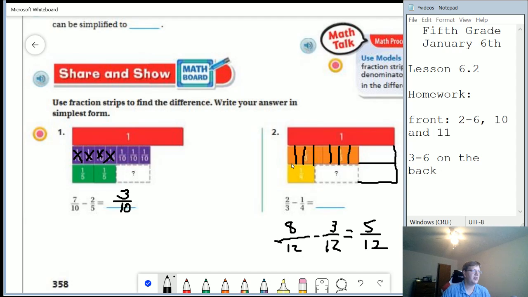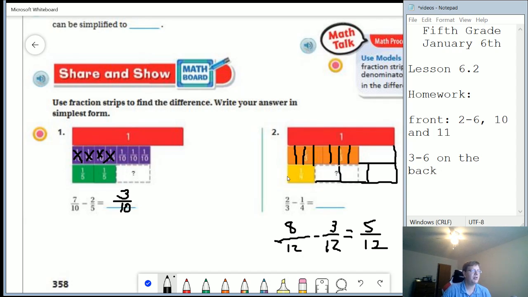If we lined up our fourths evenly, we should be at 3, then 6. So 1, 2, 3, 4, 5, 6 should be the next fourth here. And then 7, 8, 9. So that one should be somewhere around here. And then that should hopefully work out.